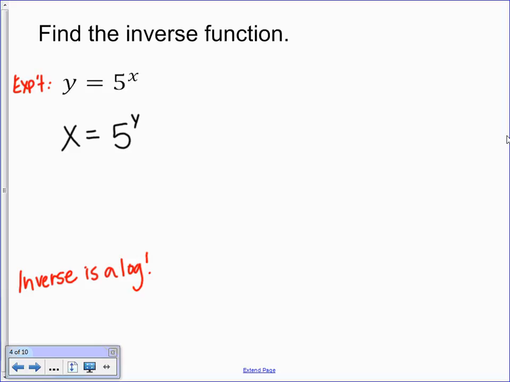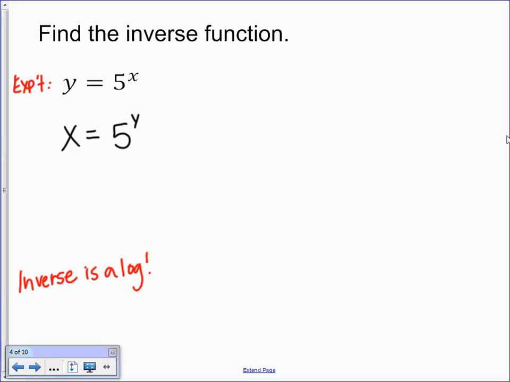To get something out of the exponent, if it's trapped up in the exponent, rewrite it as a log. Okay, that's how you're going to break into that thing you can't get to. We can't get to y by our old methods of addition, subtraction, multiplication, or division, because 5 to the y is none of those, so we have no inverse for it. This is exponential. So we're going to rewrite it.